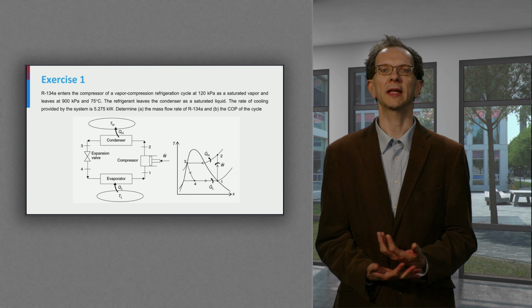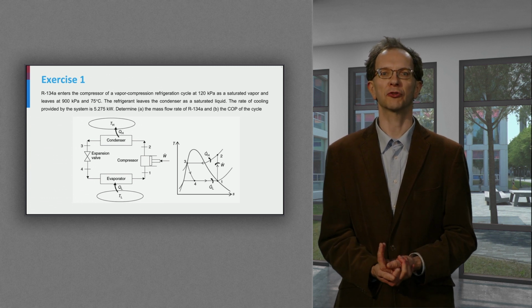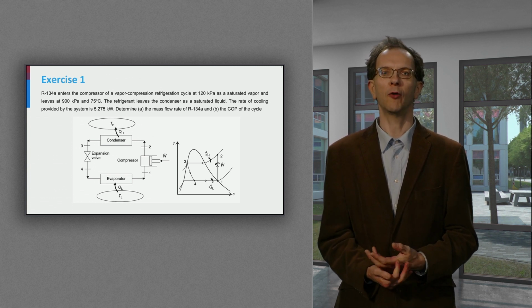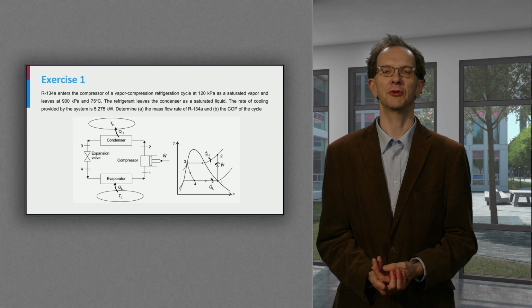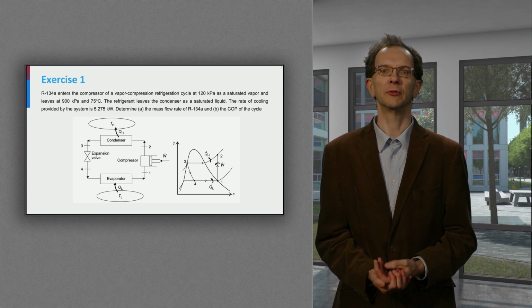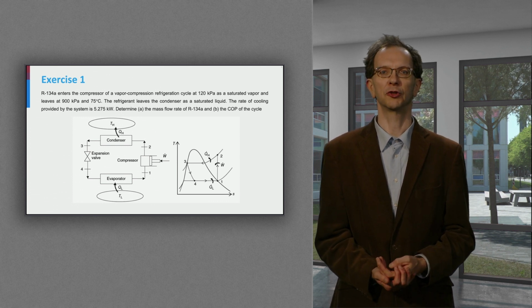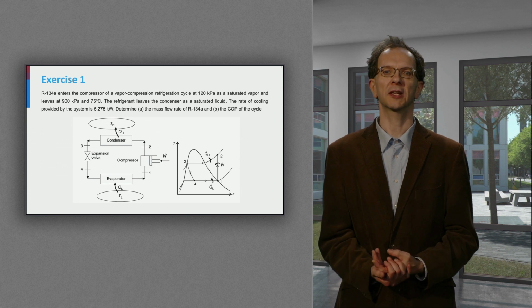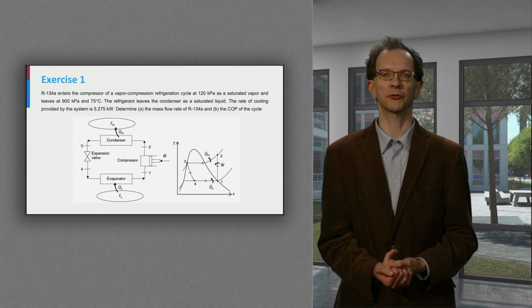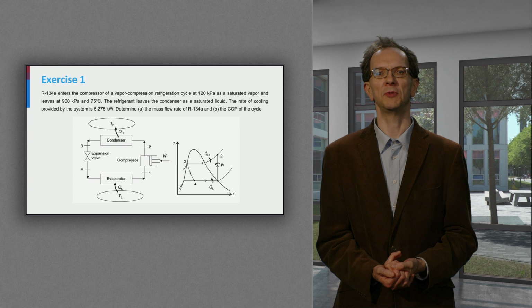Let us now make an exercise to compute the coefficient of performance, COP, of an actual vapor compression refrigeration cycle. The refrigerant is called R134A, which is a common refrigerant. The thermodynamic properties of the refrigerant can be obtained using the RefProp software, which can be obtained from NIST.